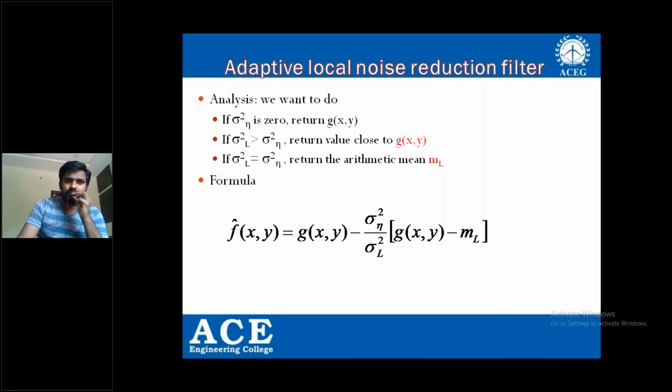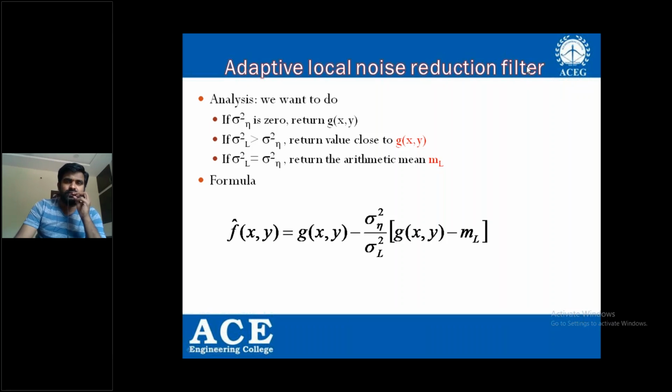And the estimation of f of x comma y, the restored image, can be represented as: the degraded image g of x comma y minus the variance of noise divided by the local variance of S_xy, that is the selected region, into g of x comma y minus M_L. That is the result of the filter operation, the adaptive local noise reduction filter. So it is one example of adaptive filters.